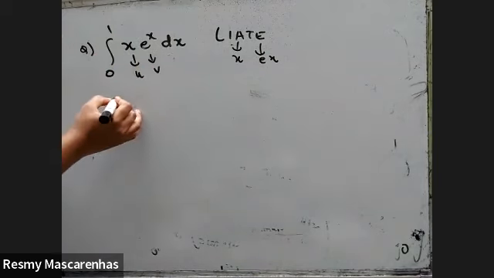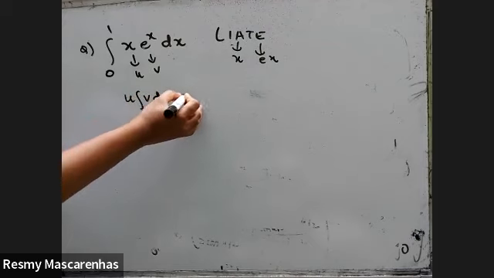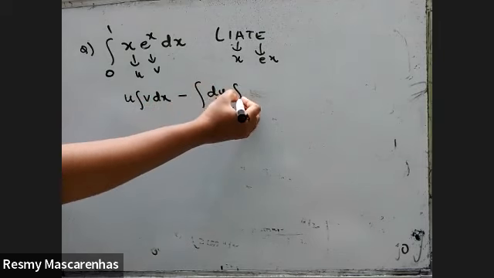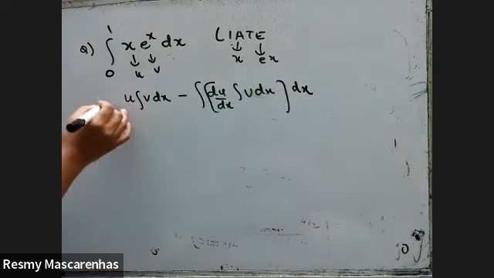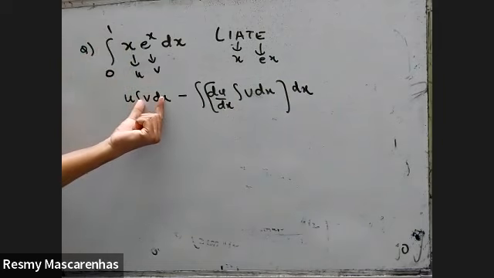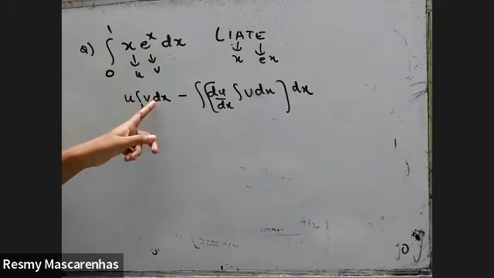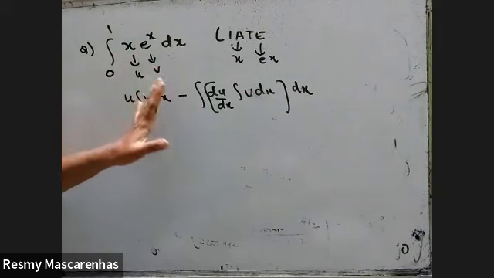Now apply the formula. So what was the formula? U into integral of v minus derivative of u into integral of v, and overall again an integral. How to remember: take the first one and integrate the second. Copy paste as it is the first one, integrate the second. This is always minus. There's a big integral sign. Big means first integral sign.